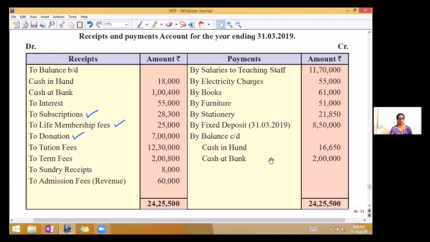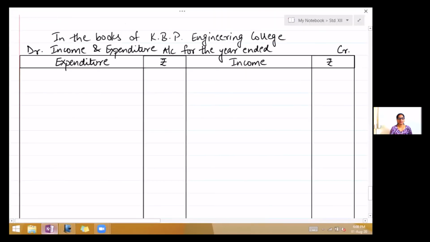Now take your notebooks, draw the format, write down in the books of KBP Engineering College, Nasik, income and expenditure account for the year ended 31st March 2019.